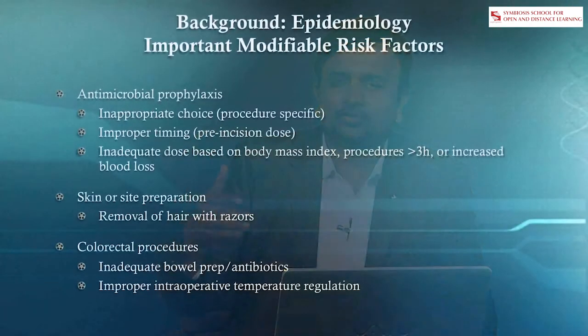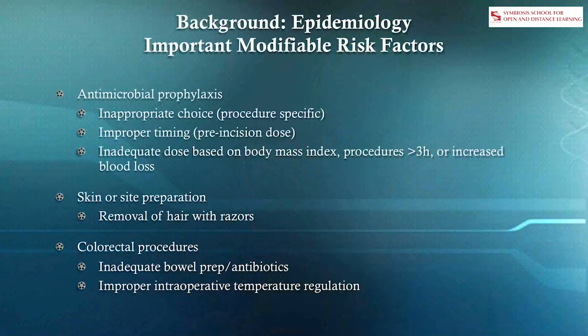Again, the antibiotic should be repeated before the second incision. And if your surgical time is more than, say, 3 hours, actually more than 2 hours, then you repeat the next shot of antibiotic. And if your patients are heftier, you have to give an adequate dose.